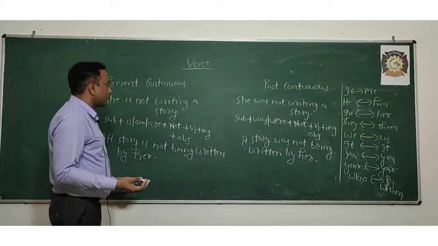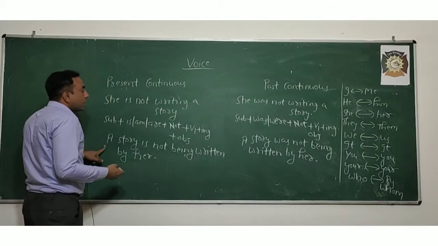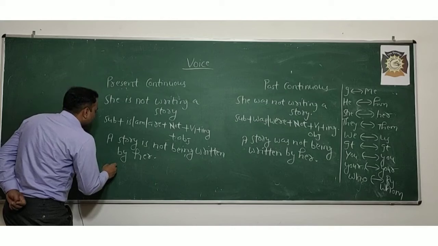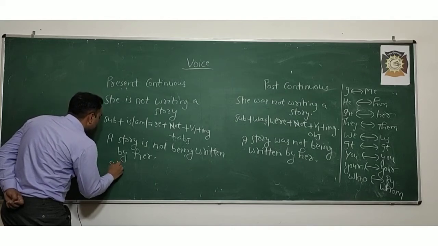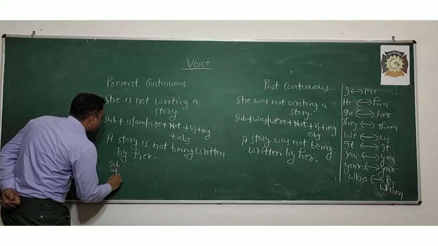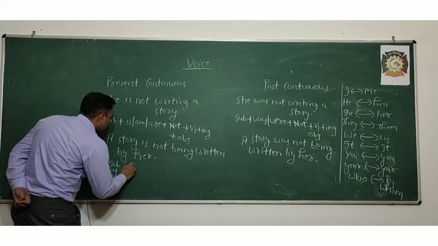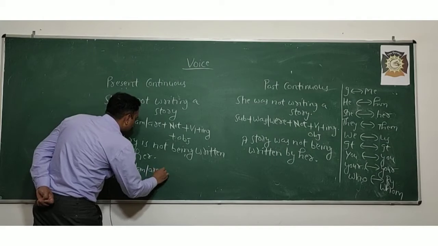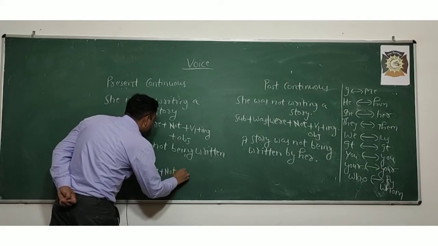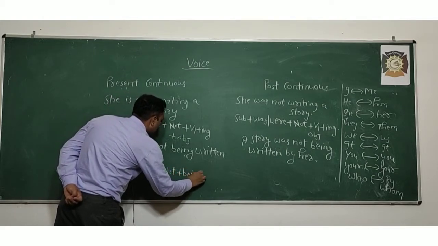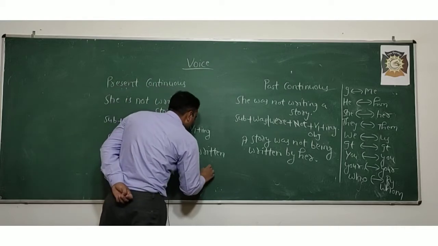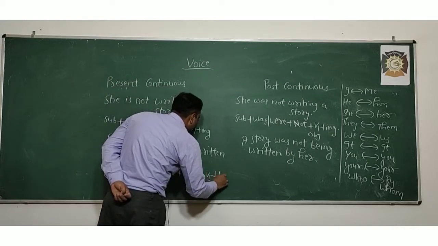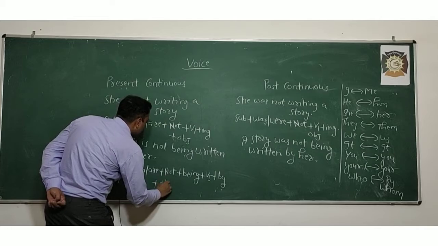So what is the structural formula? The structure formula for passive voice is like object of subject plus is, am, are plus not plus being plus V3 plus by plus object.